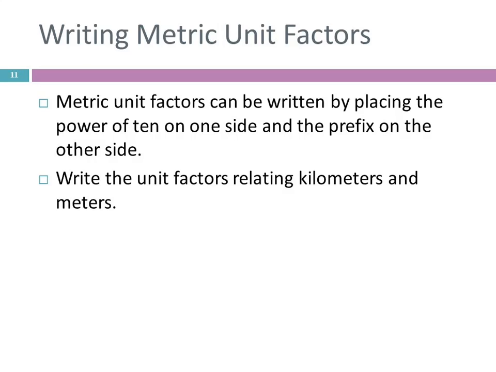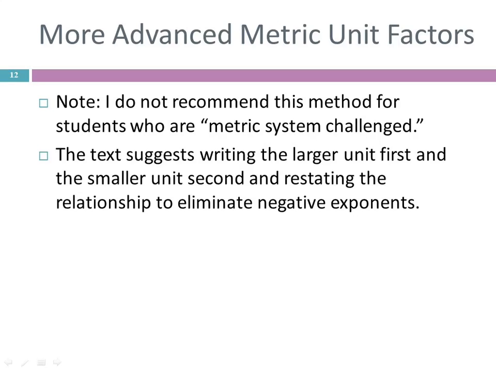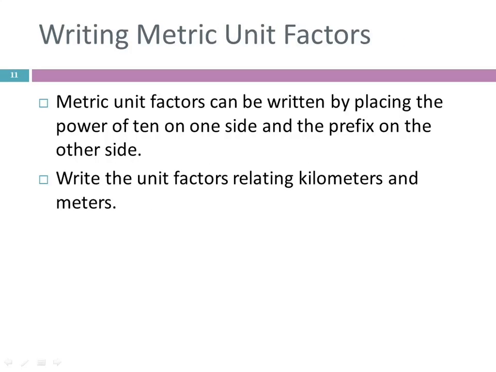We can write metric unit factors by knowing what power of 10 those metric prefixes represent. So let's write the unit factors relating kilometers and meters. For this first one, let's start out with a unit equation. 1 kilometer.